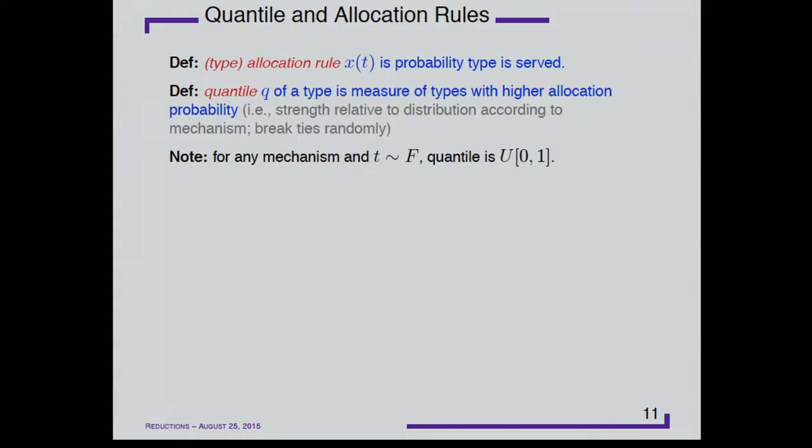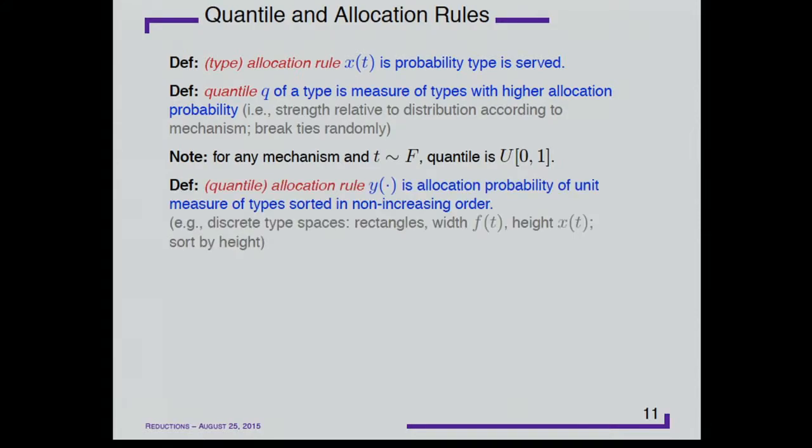Okay? And the important property of quantiles is that for any type from the distribution, quantile is always uniform on [0,1], because any ordering by strength will always give you an ordering on [0,1] when you look at the relative strength. Okay? So now I'm going to take my allocation rule in type space and define an allocation rule in quantile space, which, if you had a mapping from types to quantiles, just maps them.